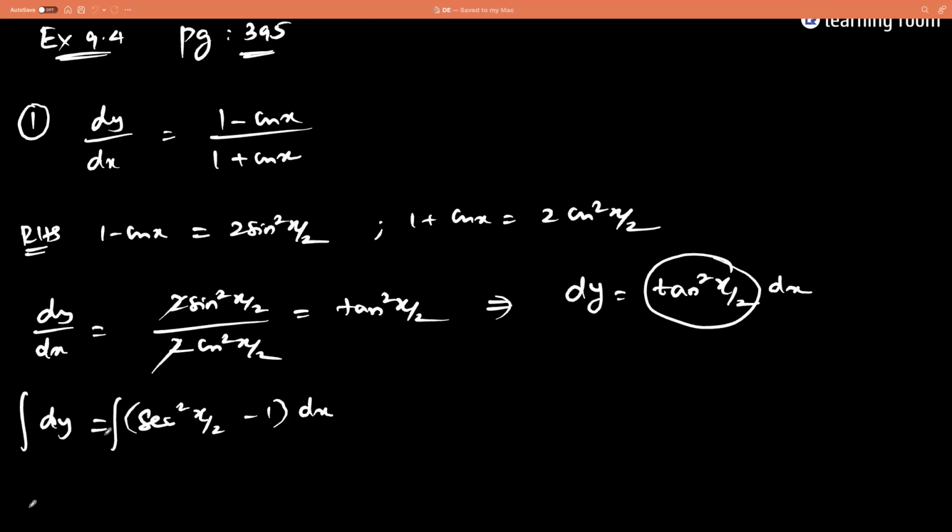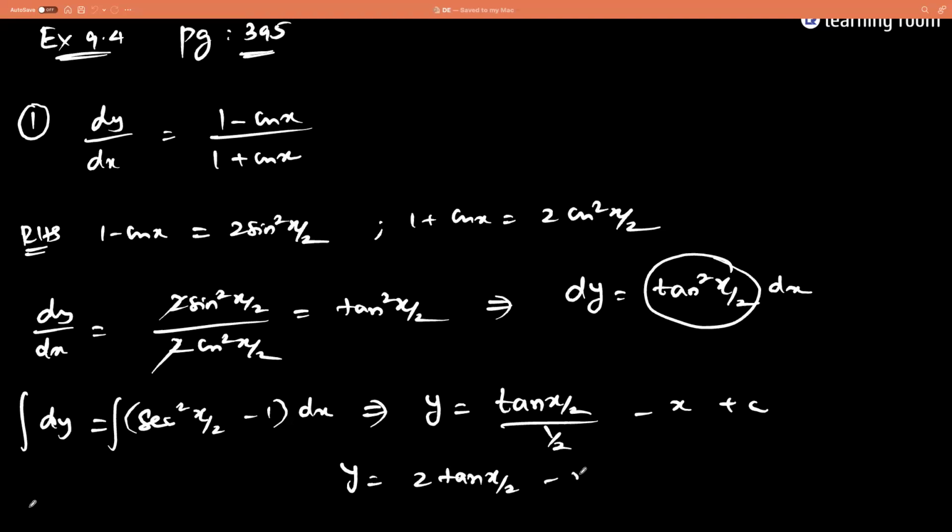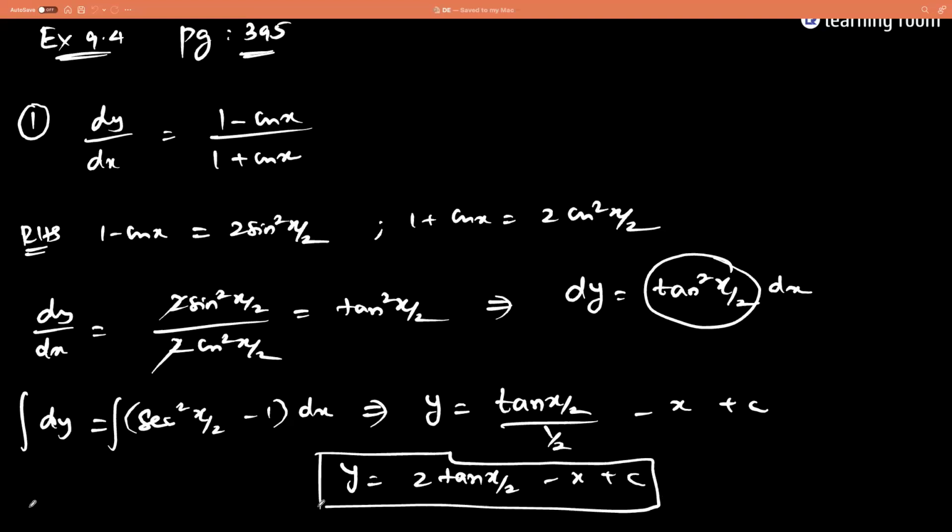Integrating on both the sides, we get y is equal to secant square x by 2 is tan x by 2 divided by half, minus x plus c. So y will be equal to 2 tan x by 2 minus x plus c. And this will be the required general solution.